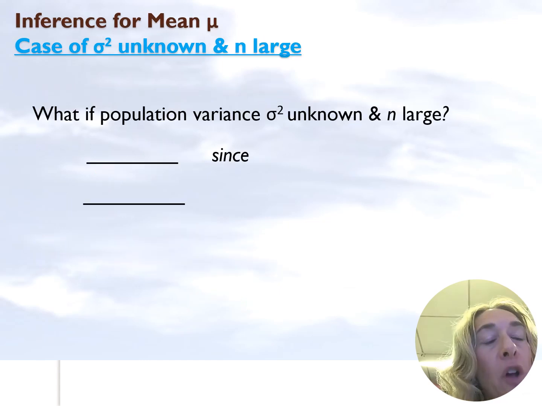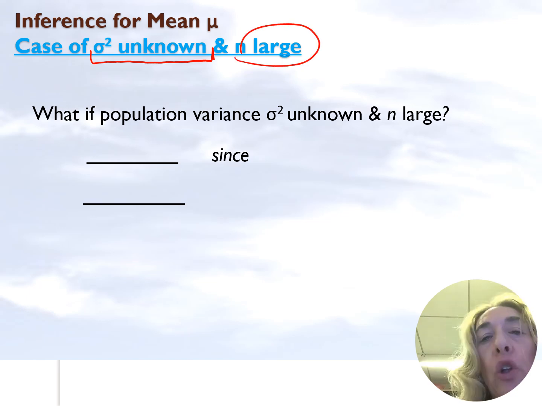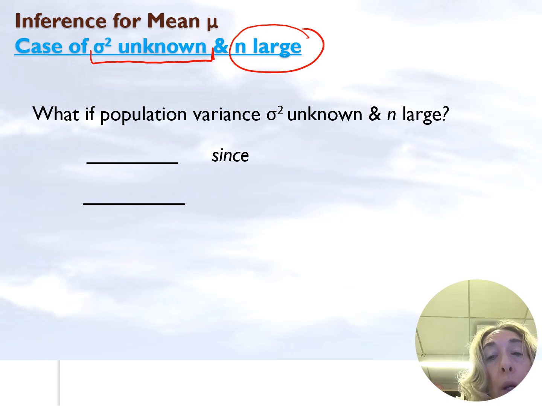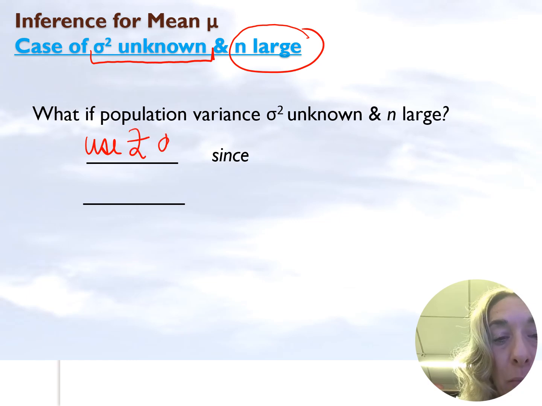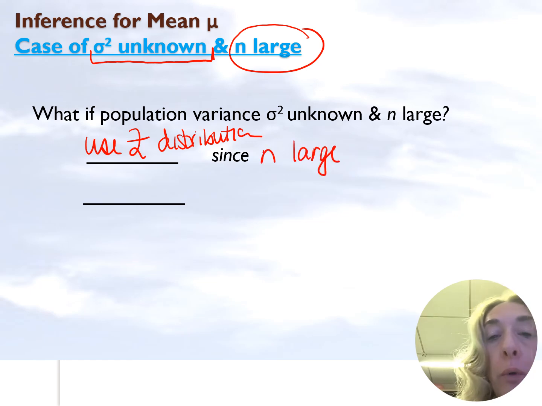Let's talk about our third case for inference on the mean mu. This is the case when the population variance is still unknown, sigma squared unknown, but in this case we have a large N. What do we do in that case? Well, we can go back, as you recall, to using the Z distribution, because N is large, greater than or equal to 30.